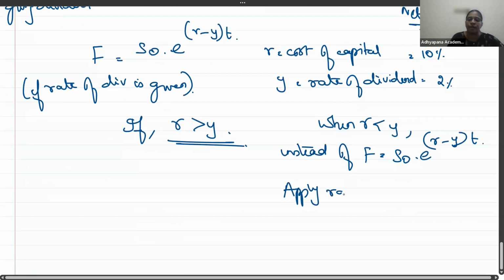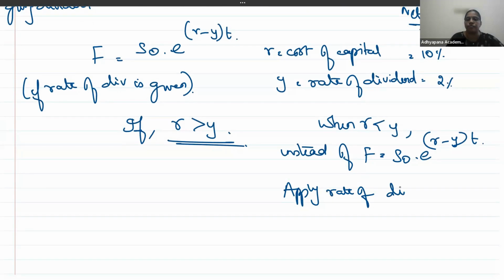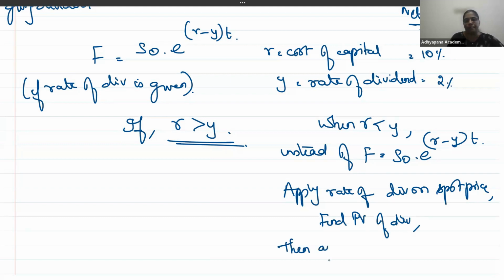Apply the rate of dividend on the spot price. Find the present value of dividend. Then apply F is equal to (S0 minus present value of dividend) into e raised to RT.